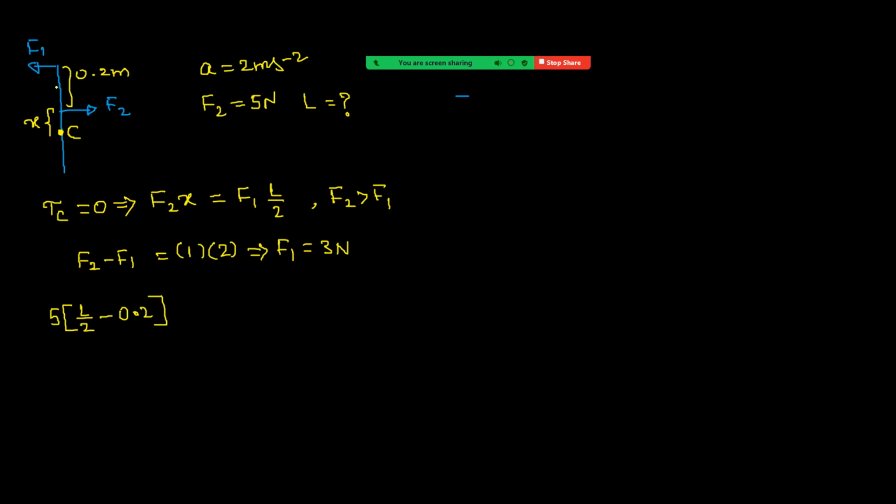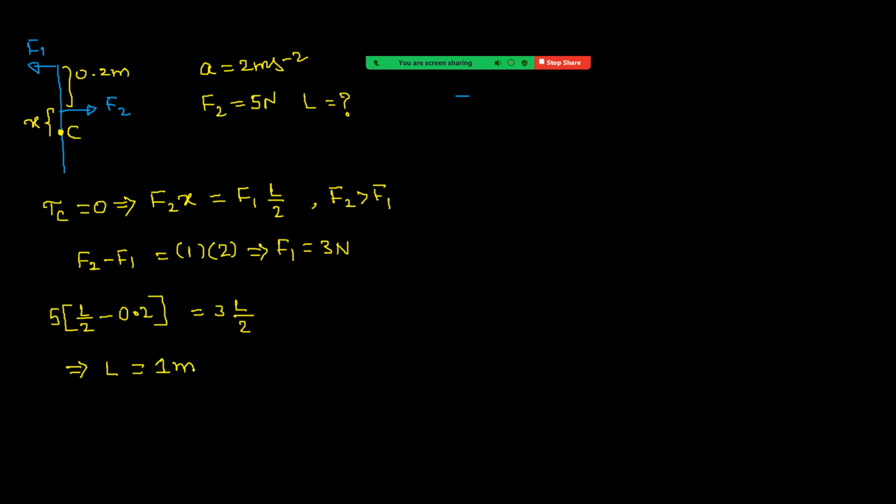This is given 0.2. So remaining L by 2 minus 0.2. That is equal to F1. How much we got? 3. 3 into L by 2. So 5 into L by 2 minus 3 into L by 2 is equal to 5 into 0.2. It is 1. That means its length equal to 1 meter.